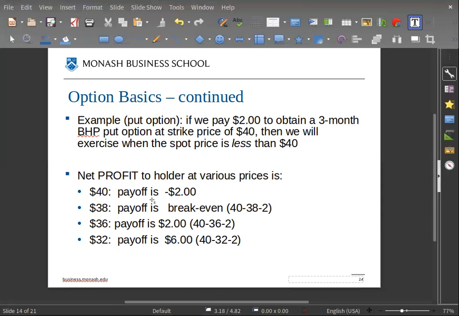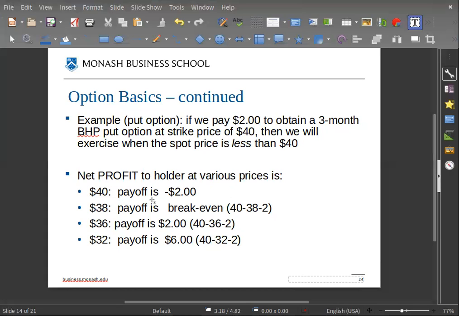What will happen? Because it's a put option, we have the choice to sell those shares at $40. So the only way we would be in profit is if the price goes below 40, because now we are selling first to our option writer.